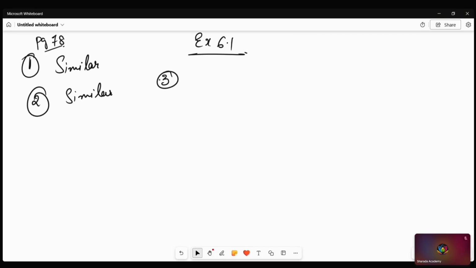Write down. Third one, all triangles are similar. Which one? Isosceles or equilateral? Equilateral triangles.